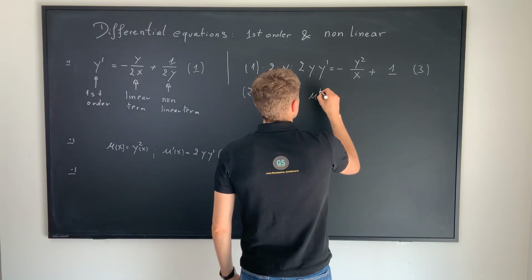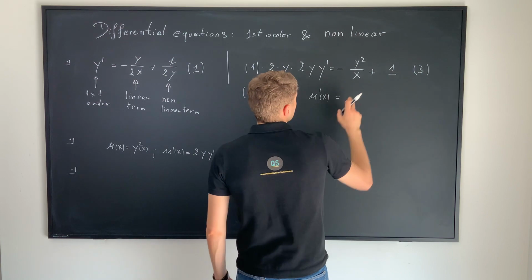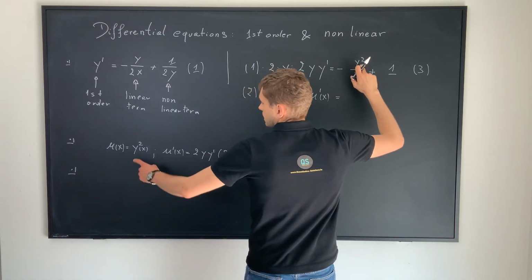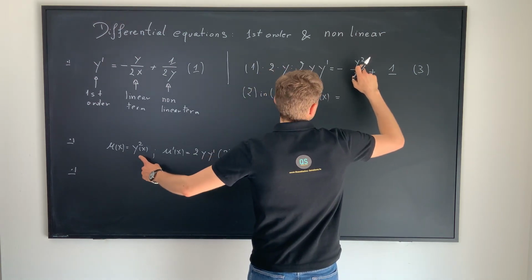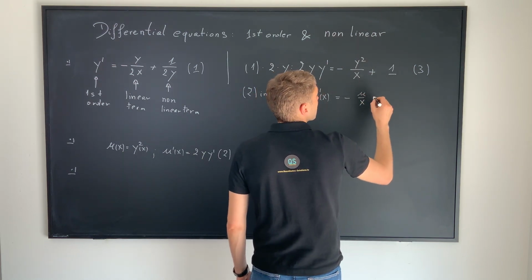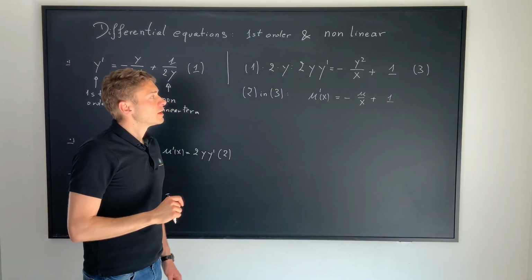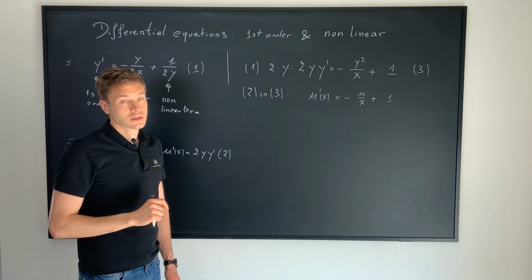So we will end up with u prime of x. And then on the right-hand side, we made the substitution u equals y squared. So we will obtain u over x plus 1, because there is no y dependency in this non-homogeneous term.